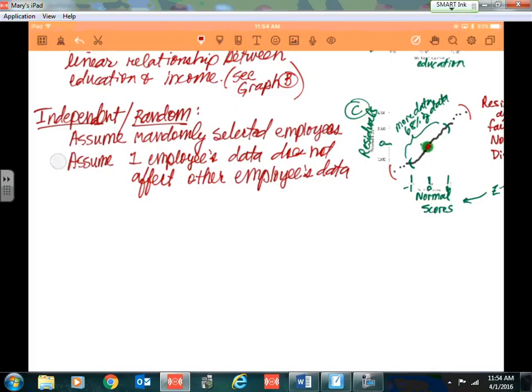Okay, so we've done L and we've done I. Next is an N, and that is the what? Normal probability plot. Okay, and what am I going to reference with that one?